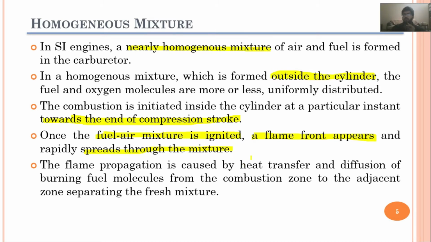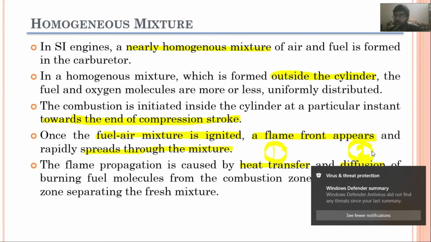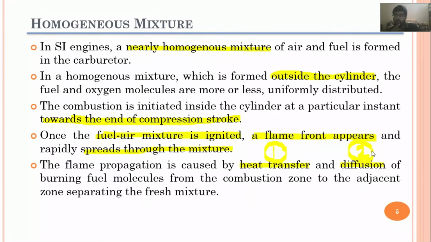The second one is the diffusion of the already burned molecules into those zones where the fuel has not yet burned. These are the two factors on which the flame propagation depends.